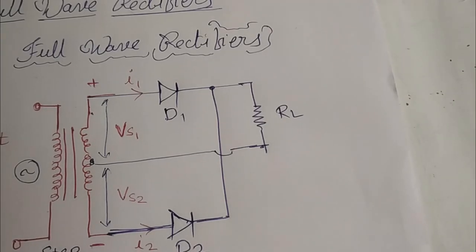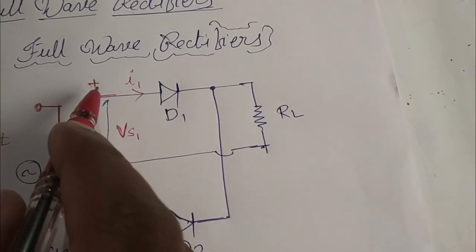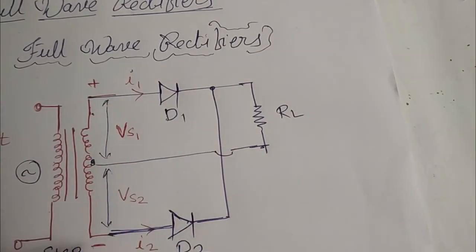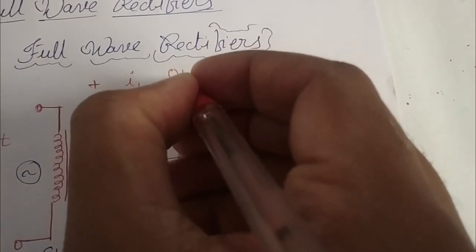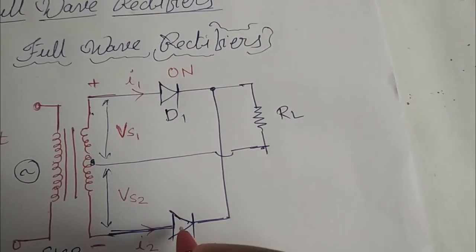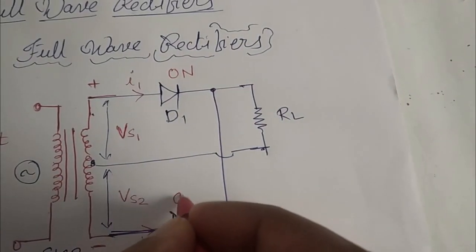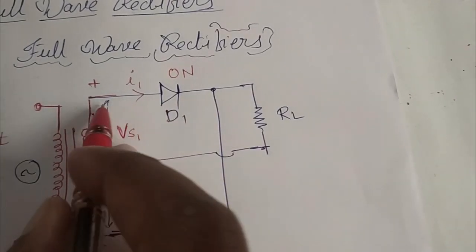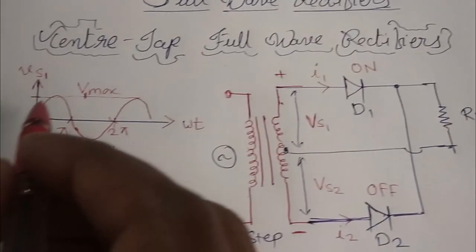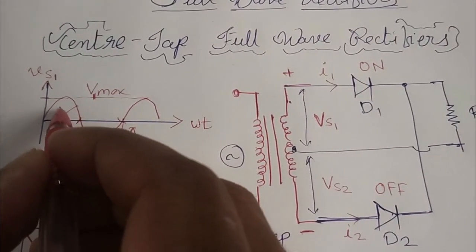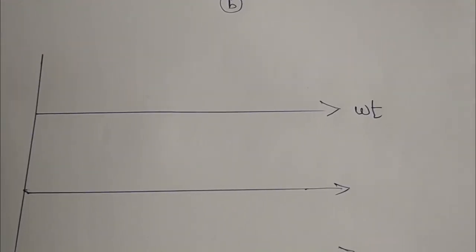For the first diode, when this is positive and this one is negative, D1 will be on and D2 will be off. So we'll get output because of D1 even though D2 is off. Whatever is there at the input, this signal will go to the output. So here we can draw the output waveforms.